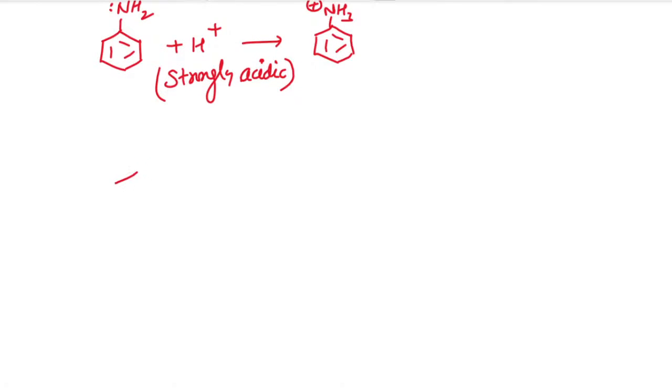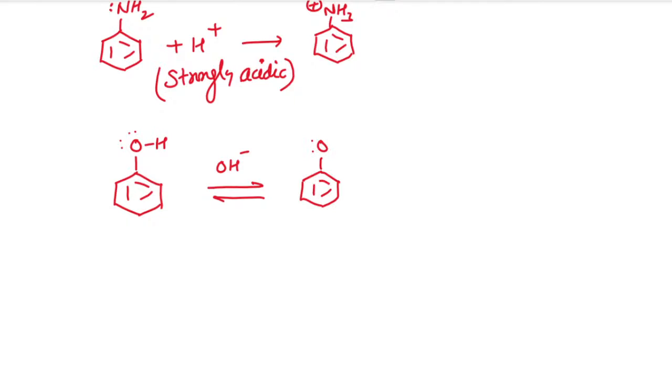Because if the medium is weakly basic, then phenol is converted into phenoxide ion, and phenoxide ion has a more activating influence than phenol itself. That's why it takes place. So phenoxide ion is a more activating group.